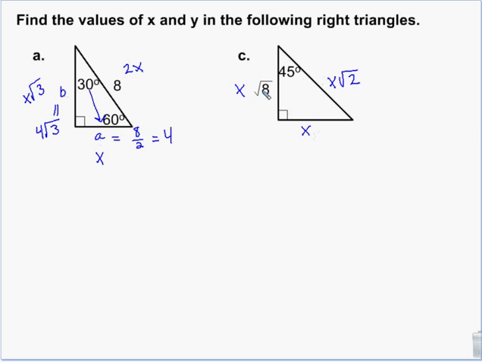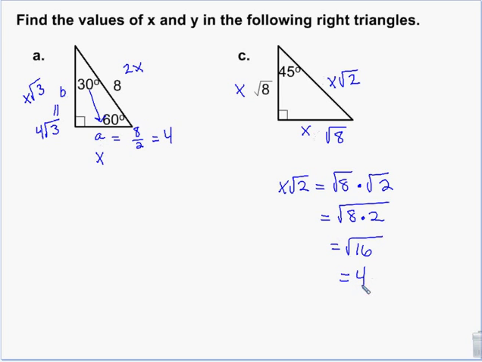Well, I have square root of 8. That makes this also square root of 8. x times the square root of 2 is going to be the square root of 8 times the square root of 2. Now this one will require me to do some work. When you multiply square roots, you multiply the numbers underneath. So that's 4.